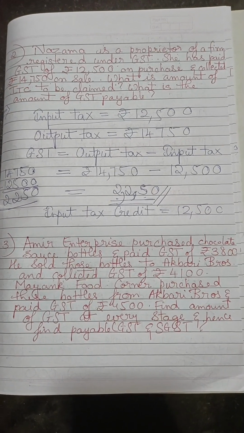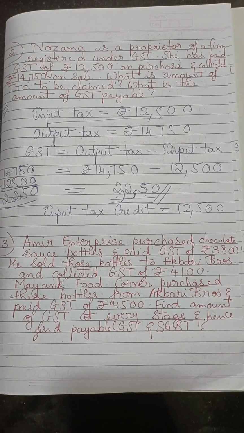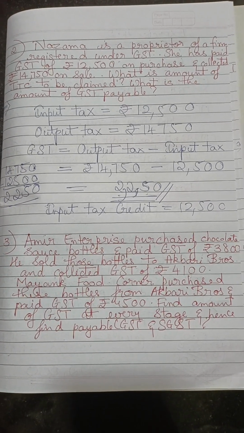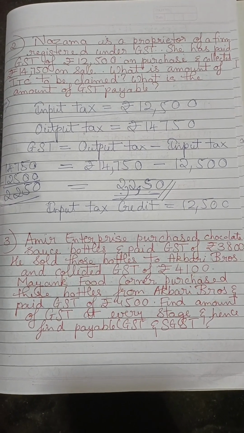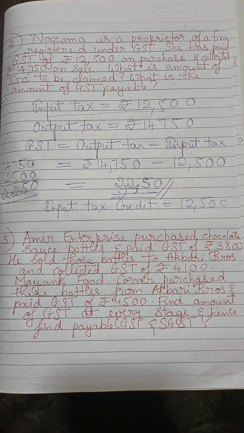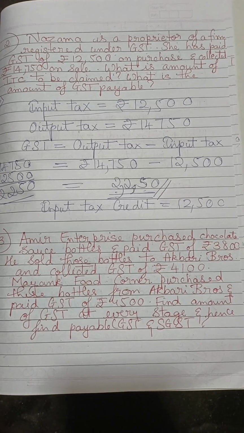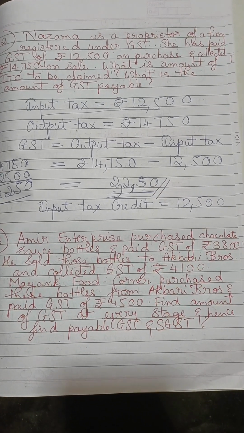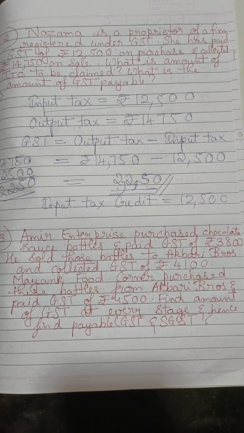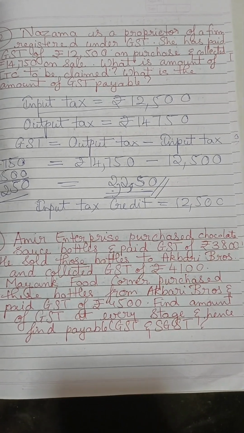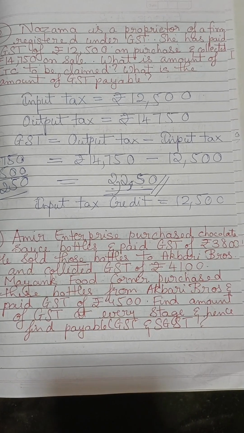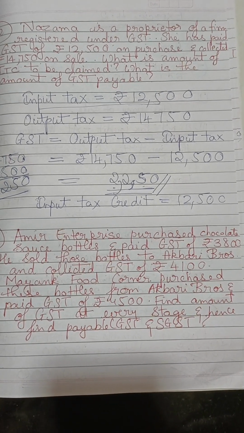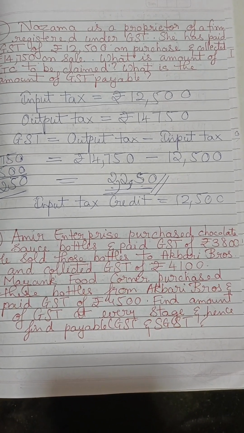Okay, so let's read the third question. Amir Enterprise purchased chocolate sauce bottles and paid GST of 3,800 and he sold the bottles to Akbari Bros and collected GST of rupees 4,100. Mayank Food Corner purchased these bottles from Akbari Bros and paid GST of 4,500.